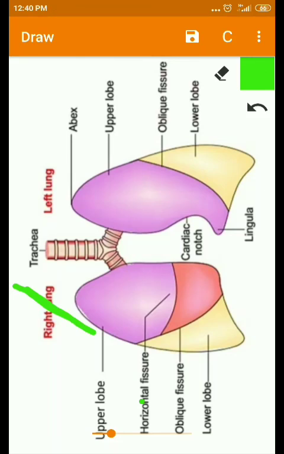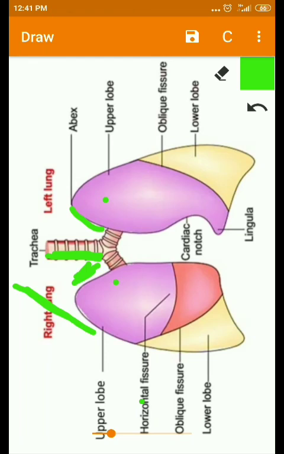Now coming to the medial side, on the right side of the lung, the apex is related to the right brachiocephalic vein, brachiocephalic artery, and the right surface of the trachea. And coming to the left lung, the apex of the left lung is related to the left subclavian artery and the left brachiocephalic vein. So the remaining relations are same for both the right lung and the left lung.